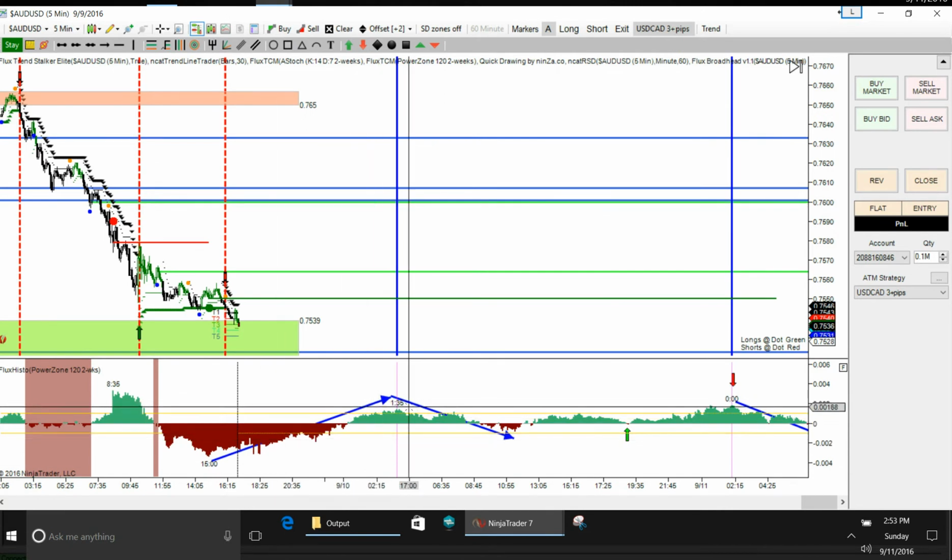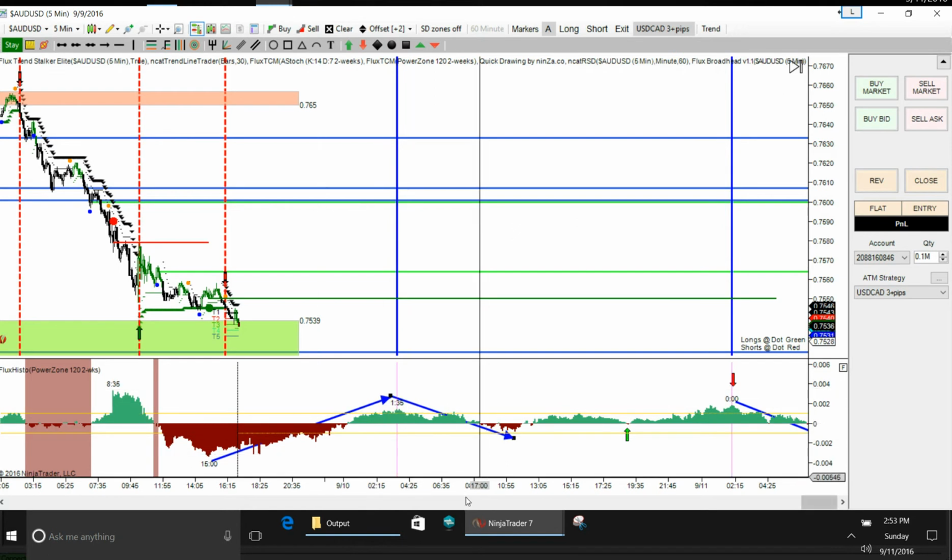Again, 1:35 a.m. in the morning looks like the time for a sell. And then this could be a nice retracement back up. I don't know how far the retracement is going to go, but you never know. It looks like that 1:30 a.m. is definitely a good sell opportunity.